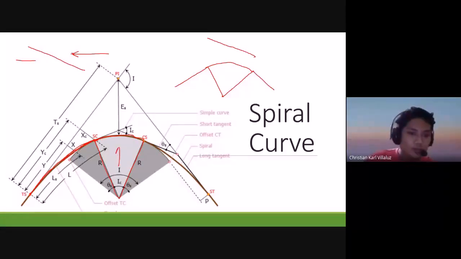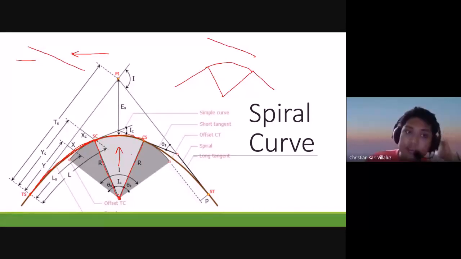outward from the center of rotation. So go palayo dun sa center nung direction nung isang rotation. Meron tayong centrifugal force. So ang force na yun palabas galing dun sa center ng circle. So ganun din sa curve.